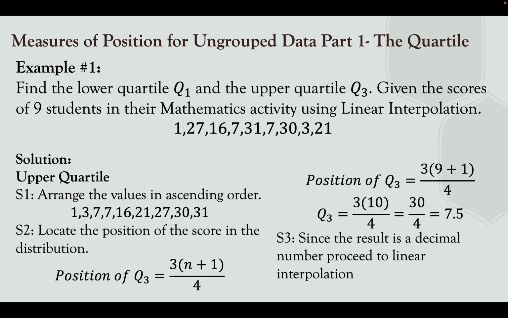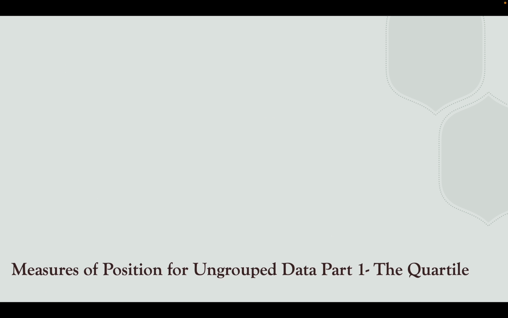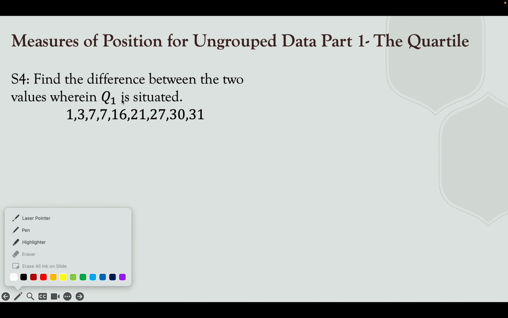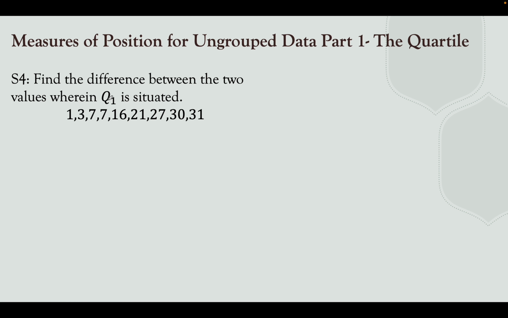Since the result is a decimal number, proceed to linear interpolation. We need to find the difference in the values where Q sub 3, the upper quartile, is located. So Q sub 3 is located at 7.5, in between 27 and 30 in the data.